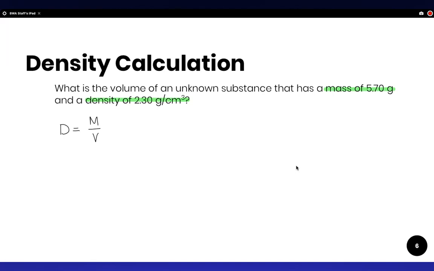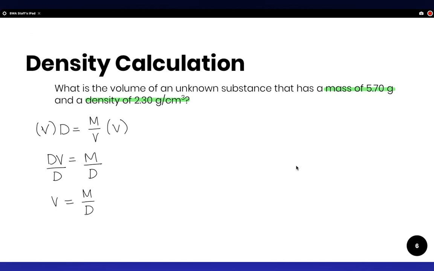I am going to multiply each side of the equation by V. So we're going to get dV equals M. And then I'm going to divide by density. So the final equation is V equals M over D.